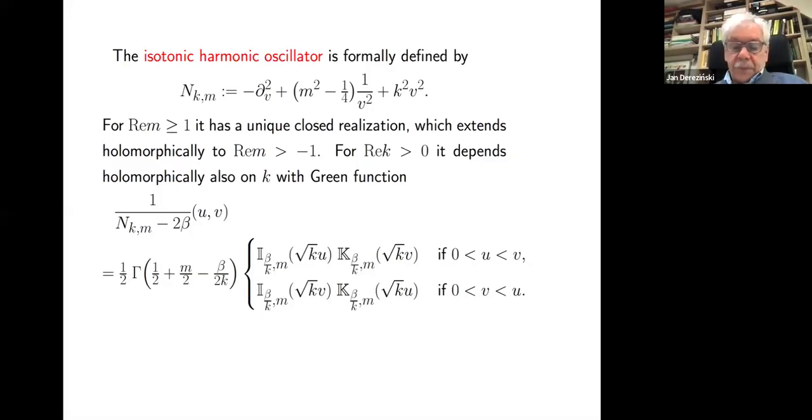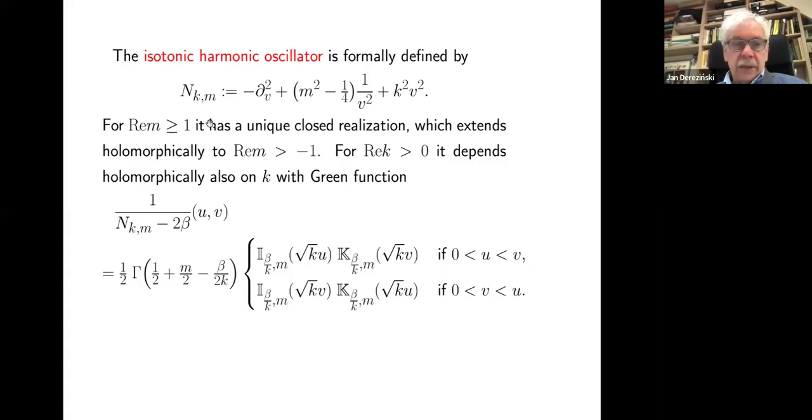Then you can separate the variables in the polar coordinates, and what you get is precisely this operator. Isotonic means that the tone, the pitch, is the same in the x direction and in the y direction. That is one of many names of this exactly solvable Hamiltonian.